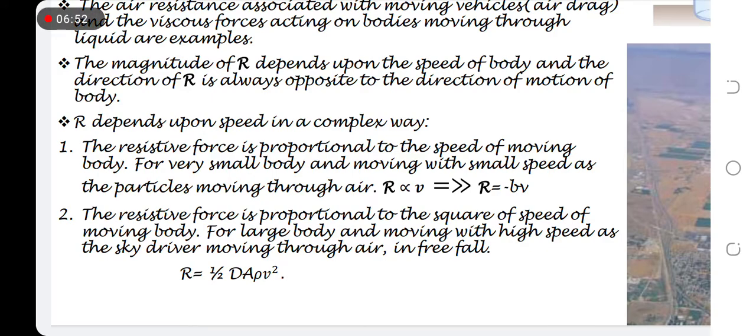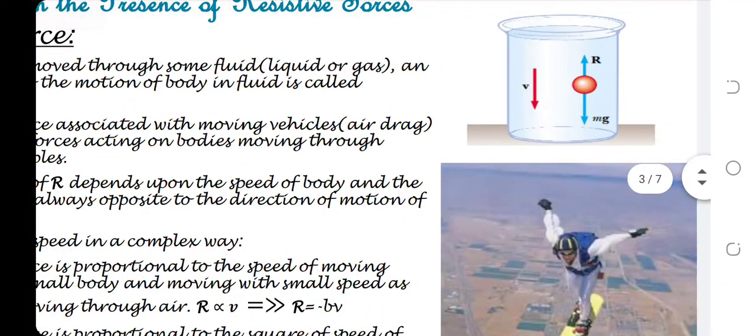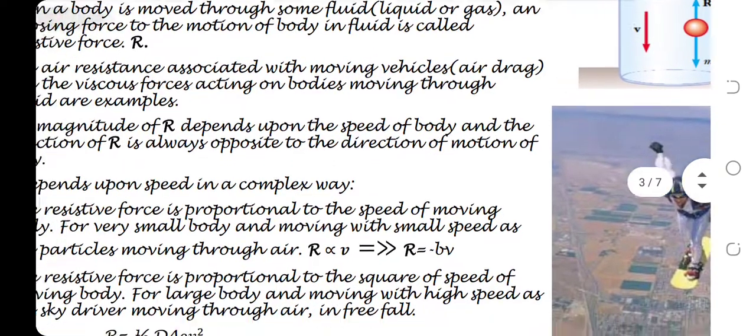Where does this happen? This is the case for bodies which have very small speed and very small size, whereas small mass, small weight. As we have seen, the sphere is moving through the fluid in a container, in a beaker.